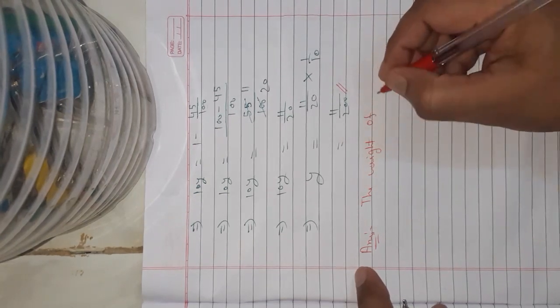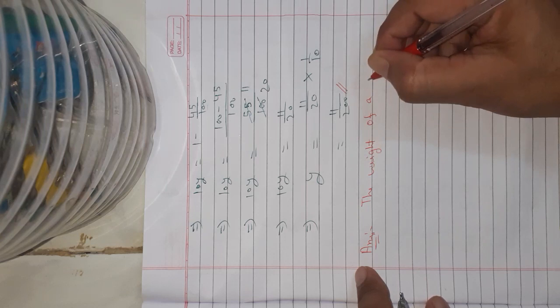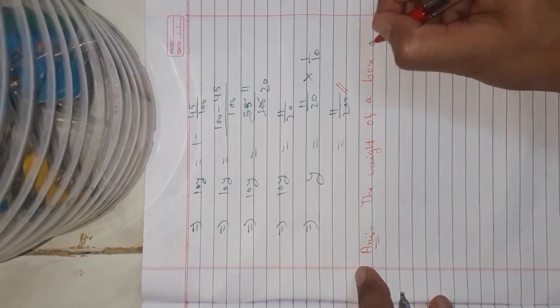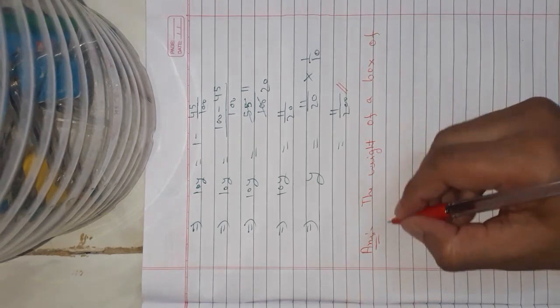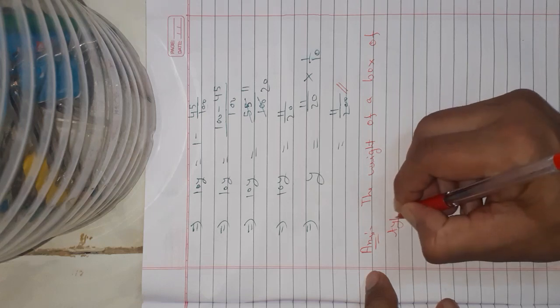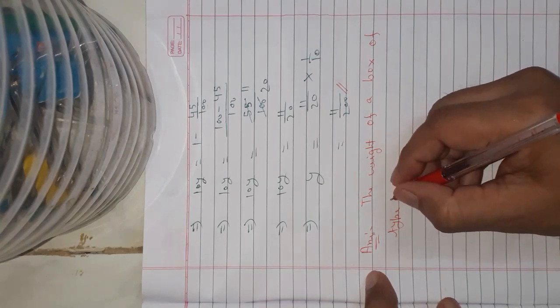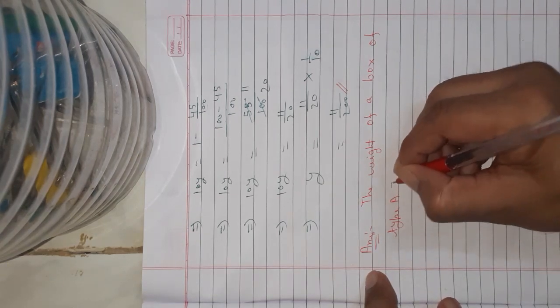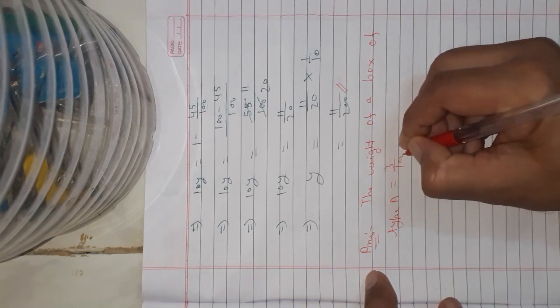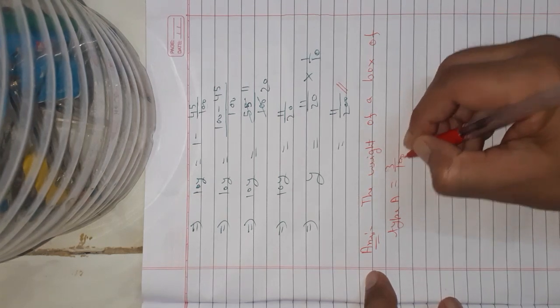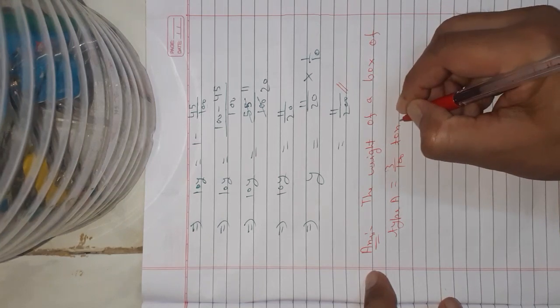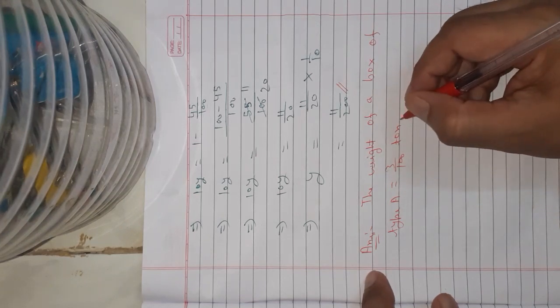The weight of a box of type A is equal to 3 upon 100 ton. Okay, clear?